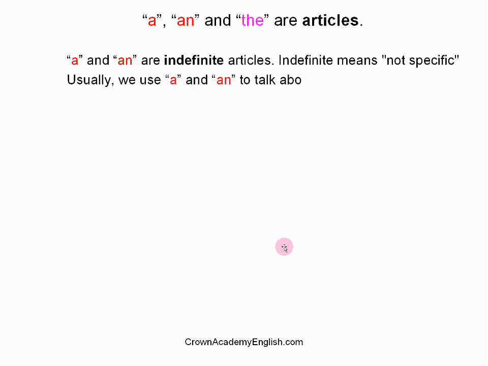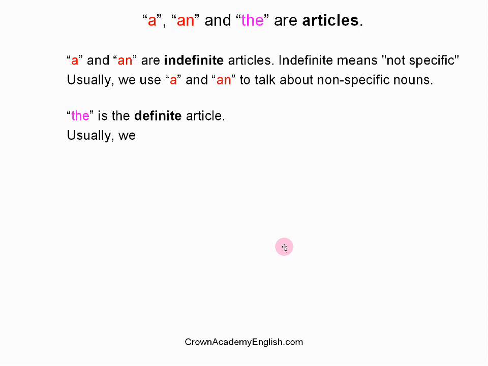Therefore, usually we use a and an to talk about non-specific nouns. And the is the definite article. So this is the opposite. Therefore, usually we use the to talk about specific nouns.